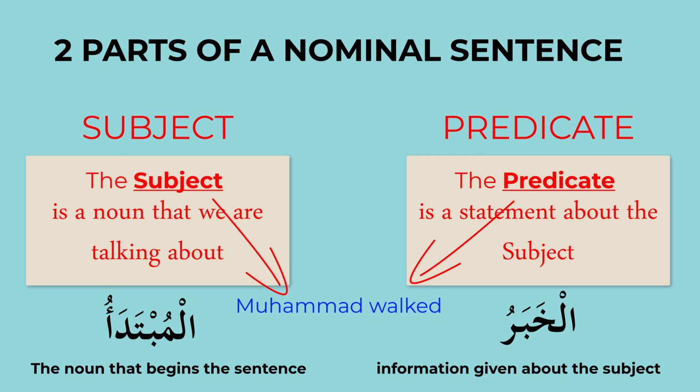But in Arabic, we have mubtada and khabar. Subject means mubtada, predicate means khabar. Every sentence, if it is a jumla ismiya, will have these two parts. There will be a subject and there will be a predicate.